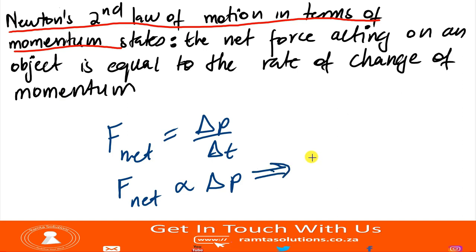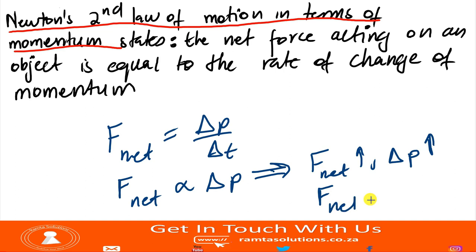This implies if F net increases, delta P will increase, right? And if F net decreases, delta P will decrease, provided time is kept constant.